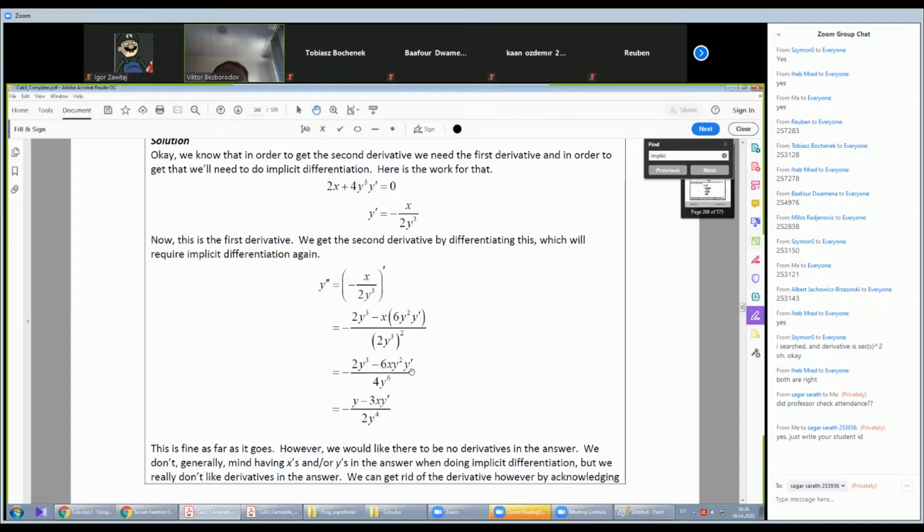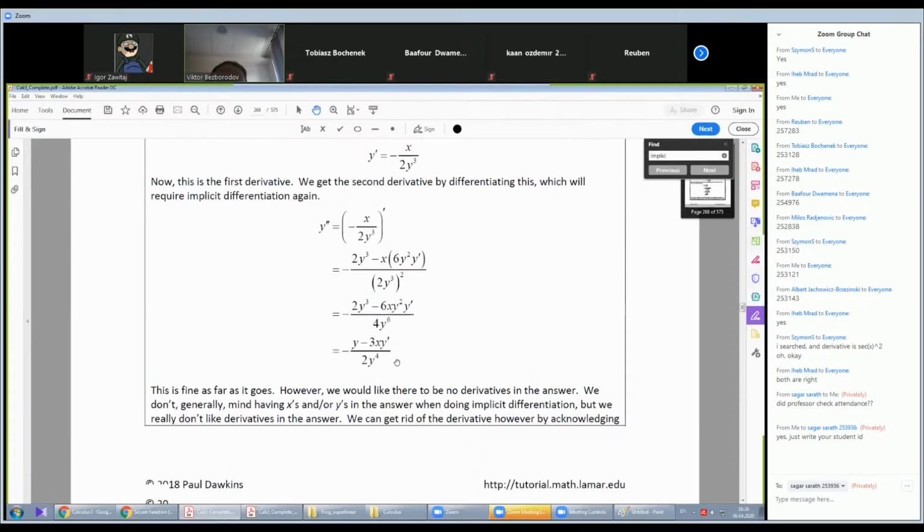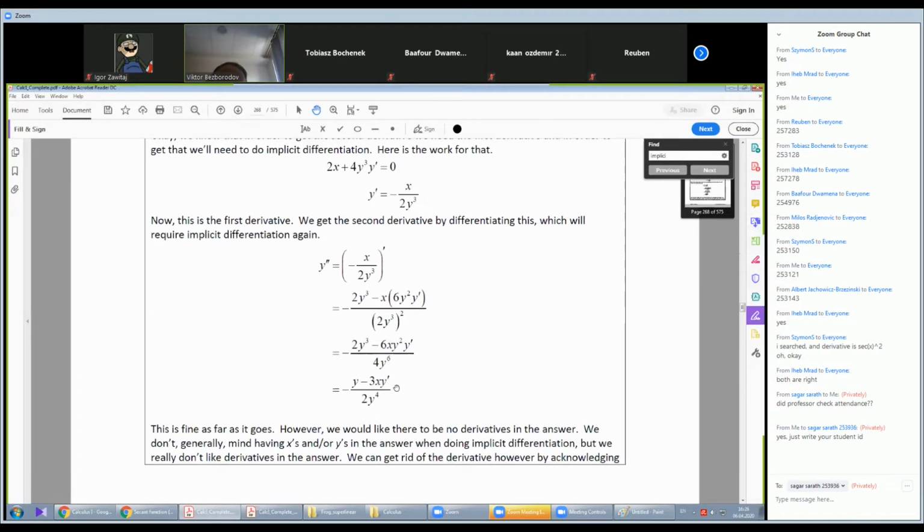So you have here still y prime. Here they just leave y prime. But of course, you can also plug in this expression instead of y prime, and so you will express the second derivative in terms of x and y.